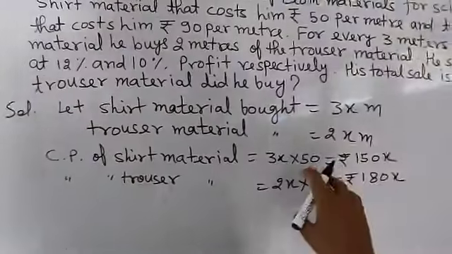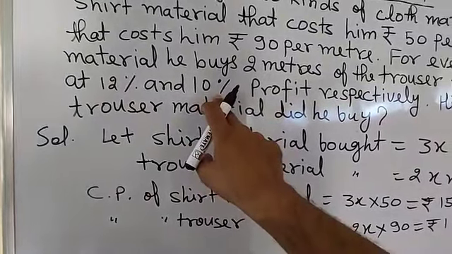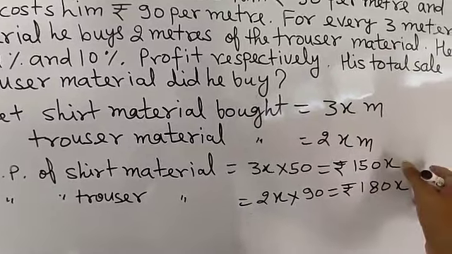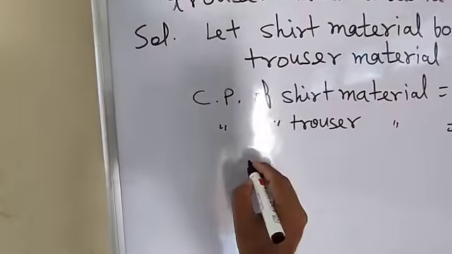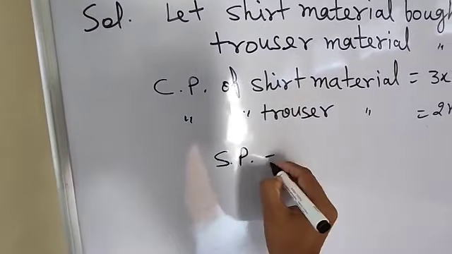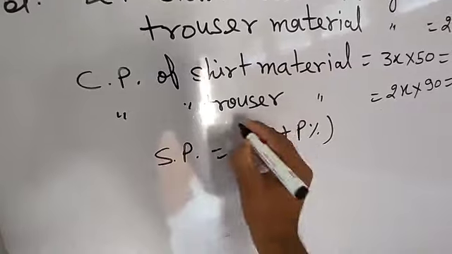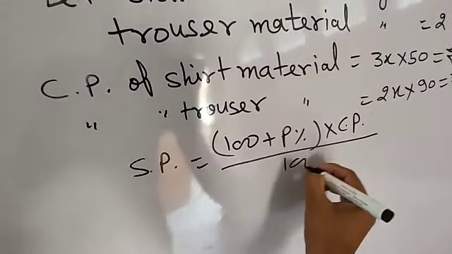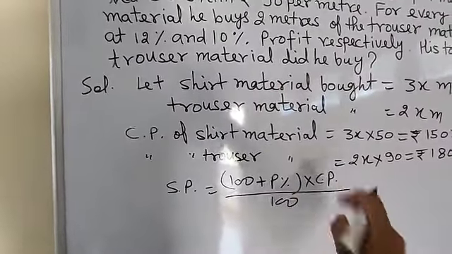Now on the shirt material he gets 12% profit, and on the trouser material he gets 10% profit. So the CP you have written here, and you need to find the selling price. The formula for the selling price is: selling price equals (100 plus profit percent) into CP upon 100. That is the formula to get the selling price if CP and profit percent are given.